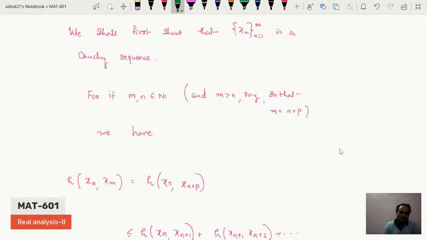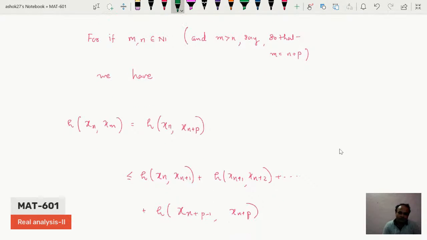So what is rho of xn and xm? Putting the value of m as n plus p, that is rho of xn and x_{n+p}.